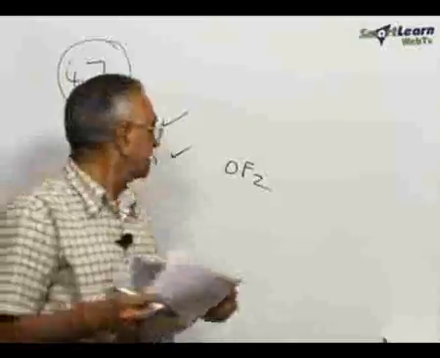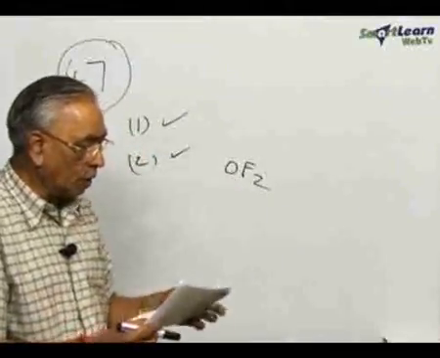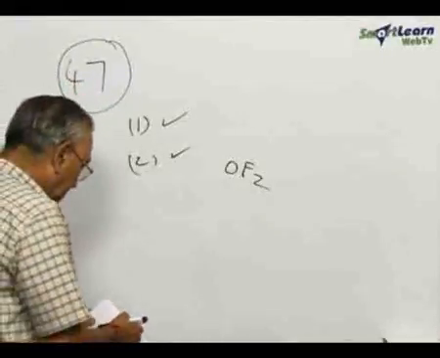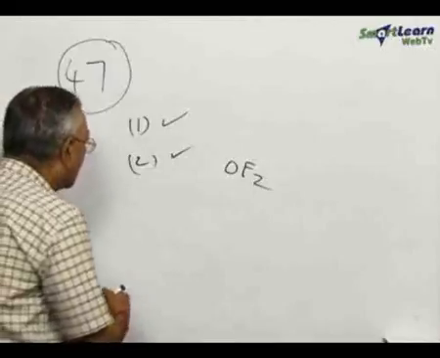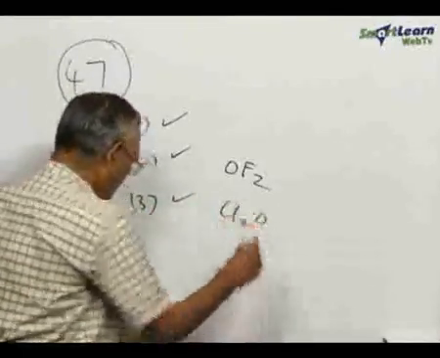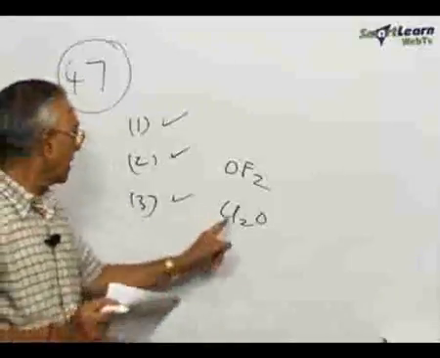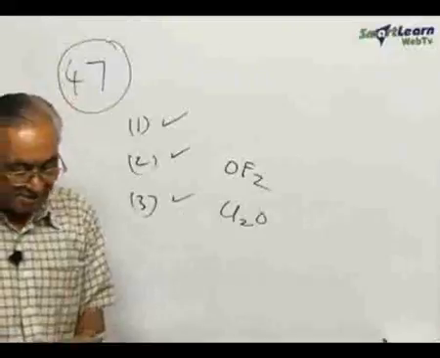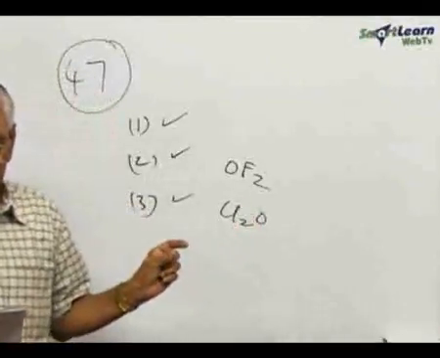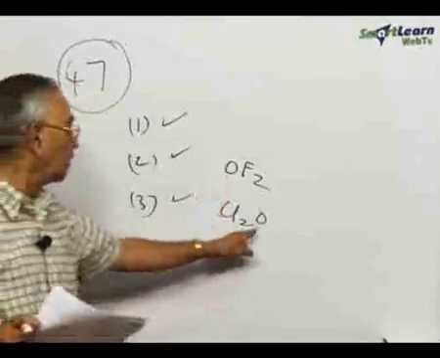The same thing, it is not OF2, it is Cl2O. In Cl2O, the bond angle is greater than 109.28. That also is correct. This is due to the fact that the bonding electrons are nearer the oxygen atom, because the oxygen atom is more electronegative than chlorine.